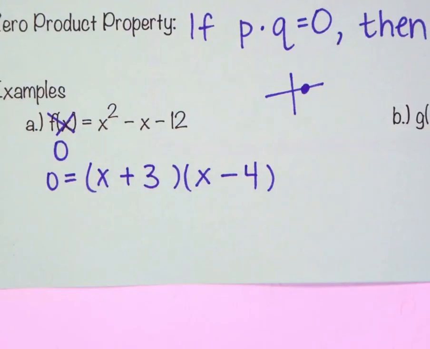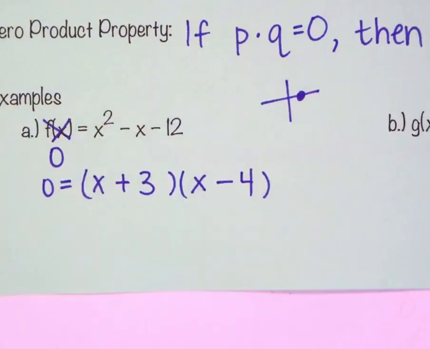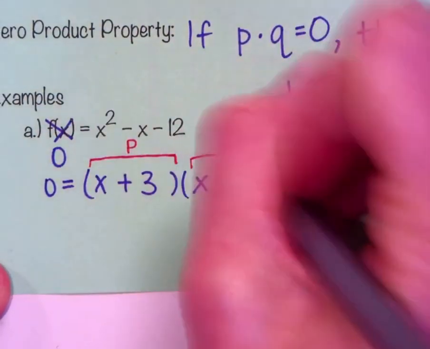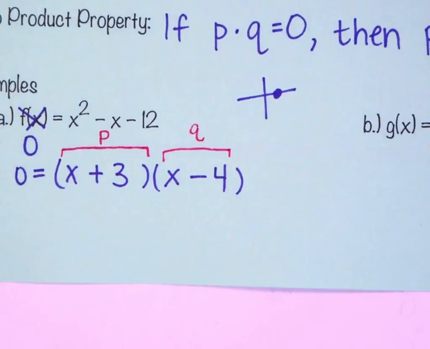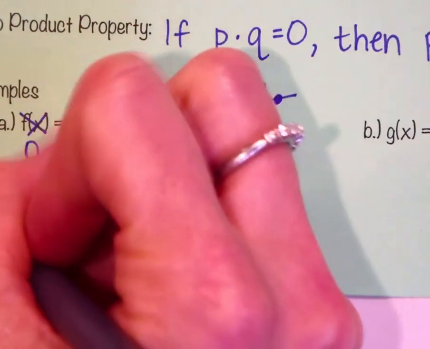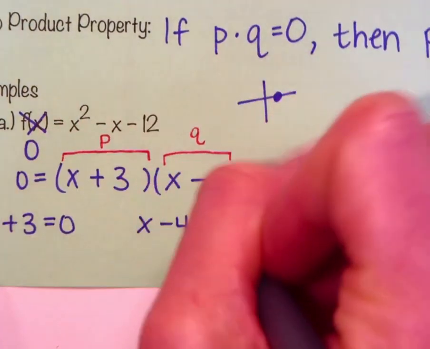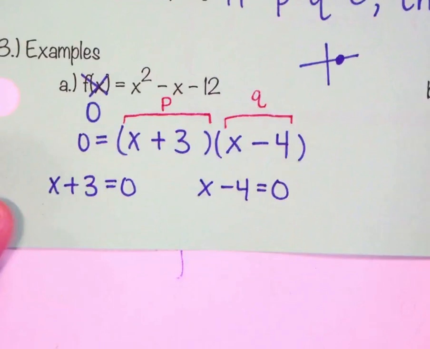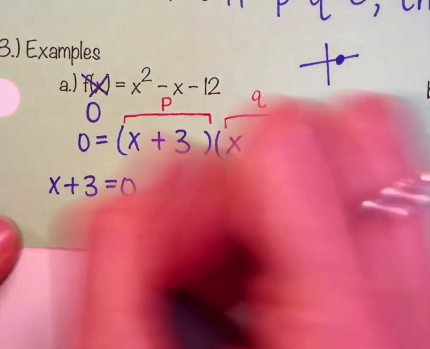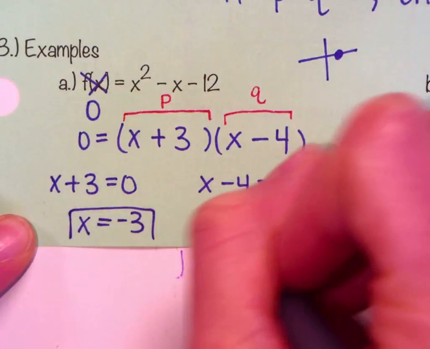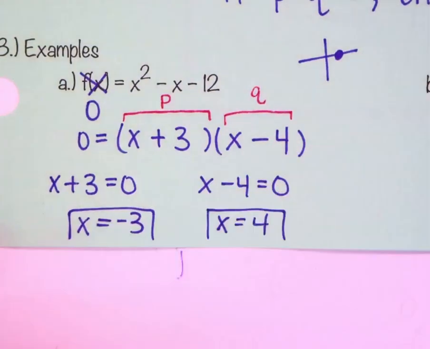The zero product property tells me that if this times this is 0, we can treat this as our P and this as our Q. So if this quantity times this quantity is equal to 0, then either x plus 3 has to be 0 or x minus 4 has to be 0. So the two solutions, if I solve for x, would be x equals -3 and x equals +4.